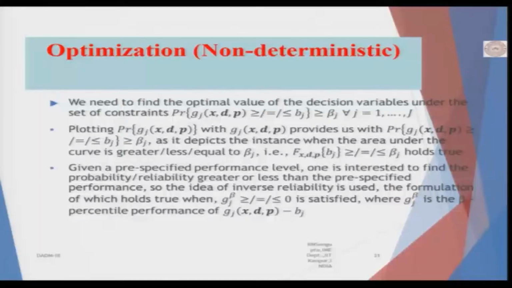So, the idea of inverse reliability will be utilized, the formulation of which will hold true such that gj to the power beta for each of these j's is greater than, equal to, or less than 0 is satisfied, where the g beta would give you the percentile performance of the constraint, such that the unique transformation from the probability sense to the percentile conversion would be true, and this one to one transformation will give you the values of g betas based on which you can do the calculation.